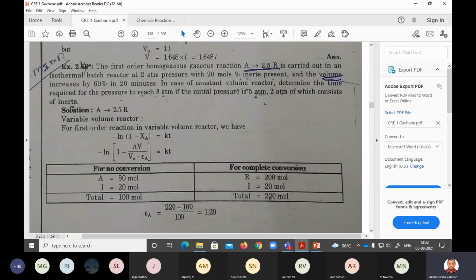So A is only 80%, and inerts is 20%. And the volume increases by 60% in 20 minutes.